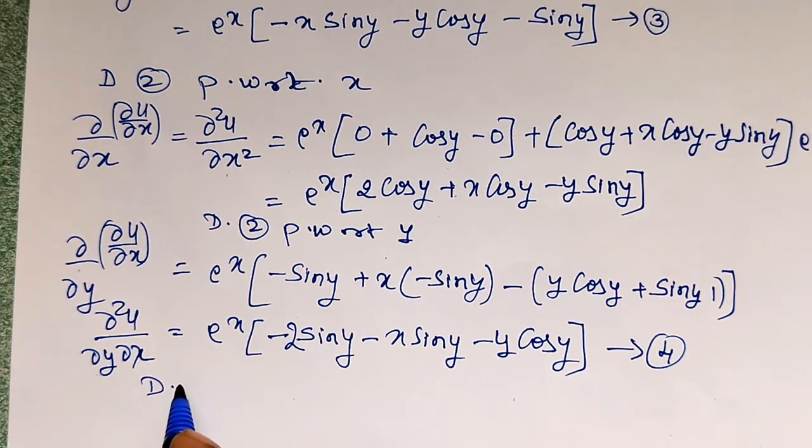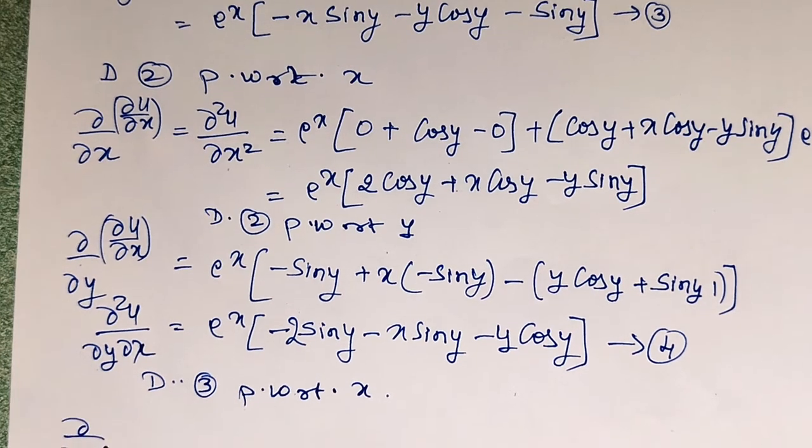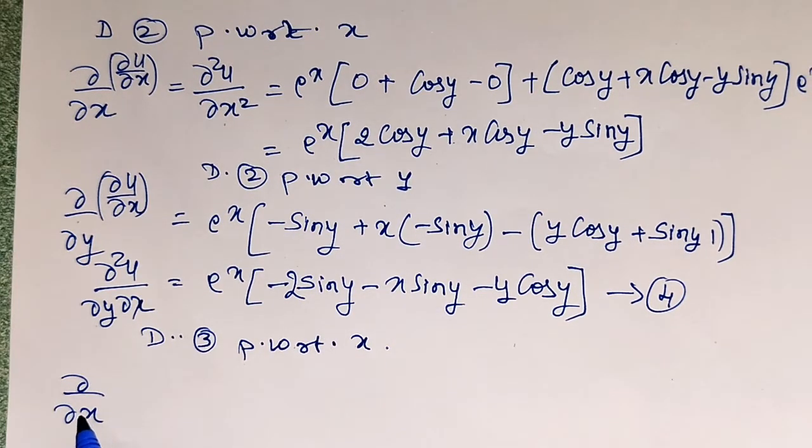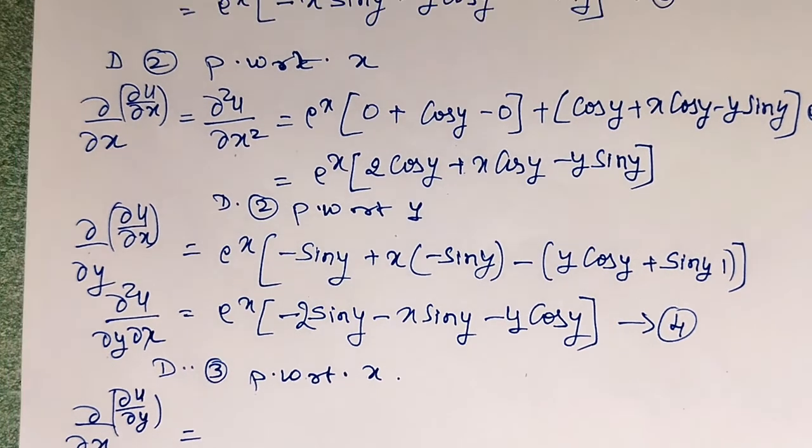First, differentiating 3 partially with respect to x first, that is del by del x of del u by del y.